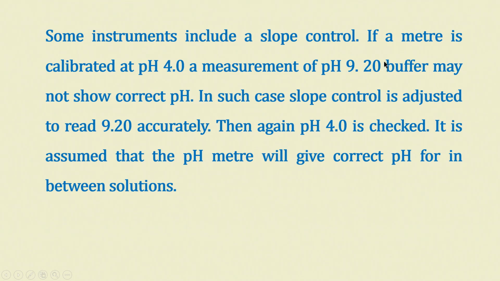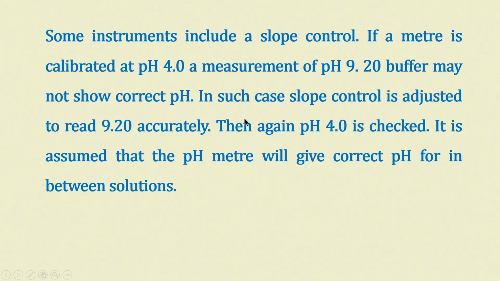I have decided not to write one more 0 here, because 90% of the pH meters are accurate to the second decimal. I am rounding it off. So, 9.20 should be read as 9.20 only. In such case, the slope control is adjusted to read 9.20 accurately.